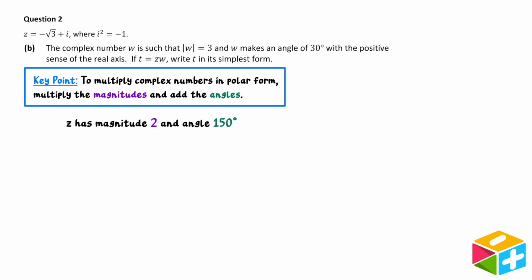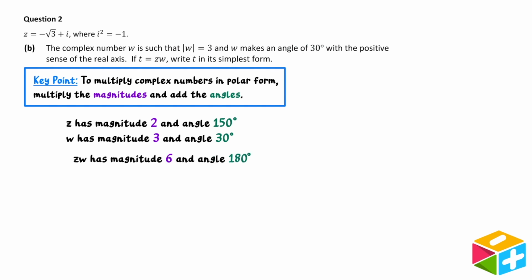In part A, we found that z has a magnitude of 2 and an angle of 150 degrees. In this question, we're told that w has a magnitude of 3 and an angle of 30. To find the magnitude of z times w, we multiply together their two magnitudes.